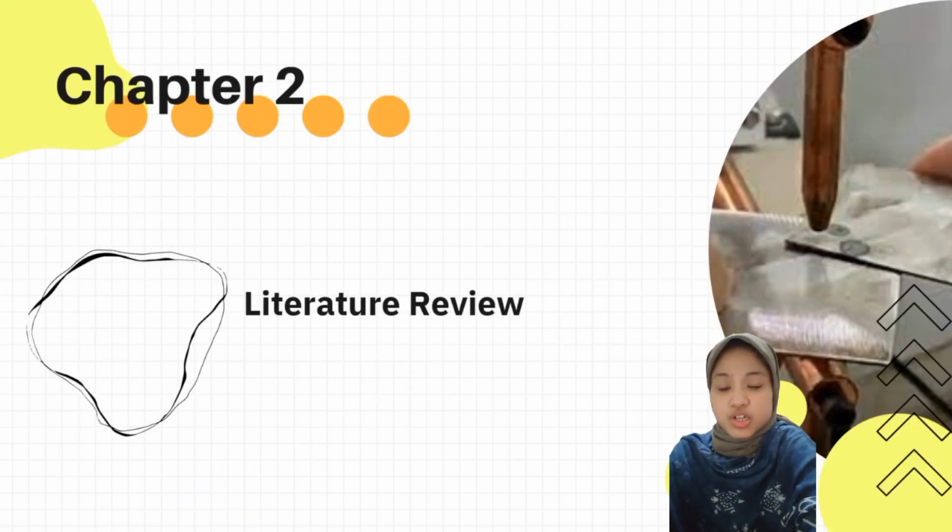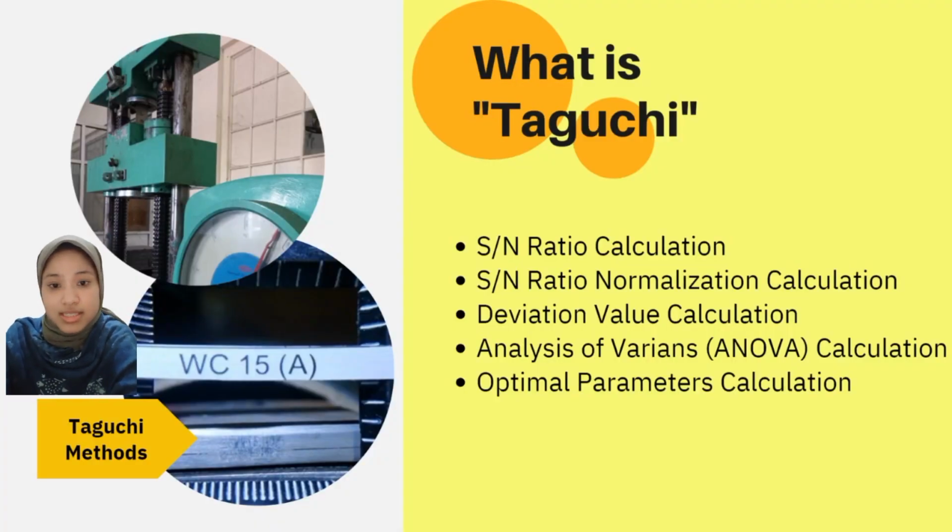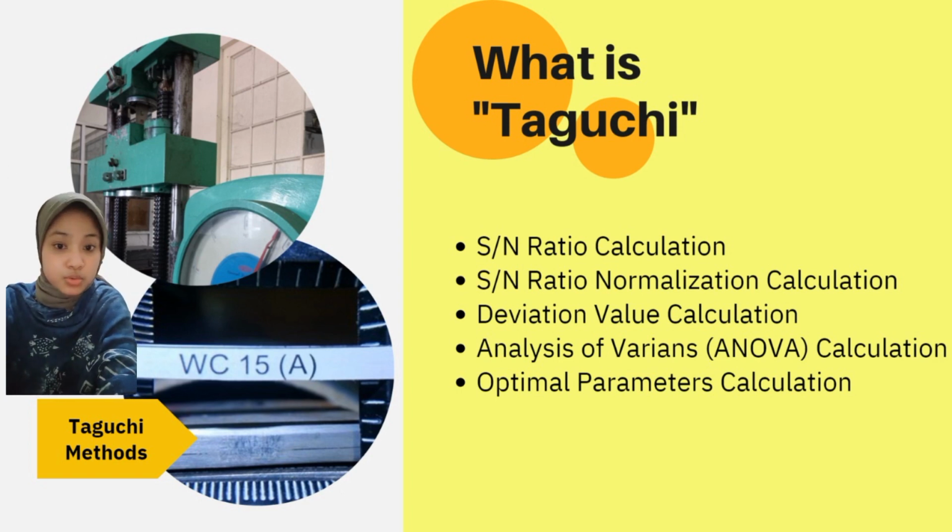And then chapter 2 is literature review. What is Taguchi method? Taguchi method is a statistical method developed by Genichi Taguchi to improve the quality of production. So there are calculation of Taguchi method.